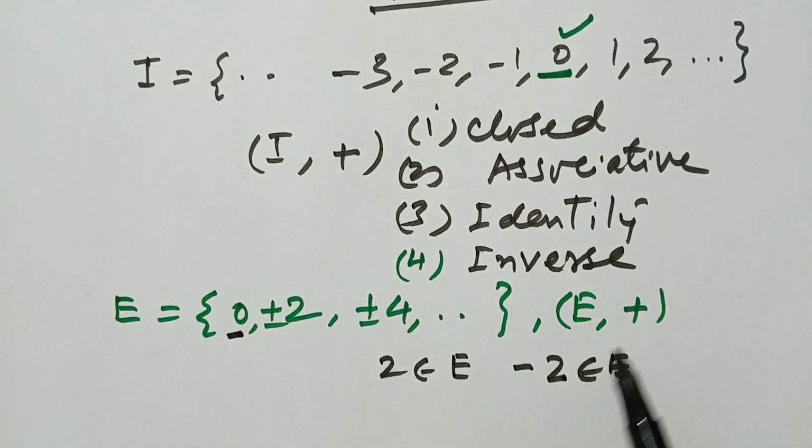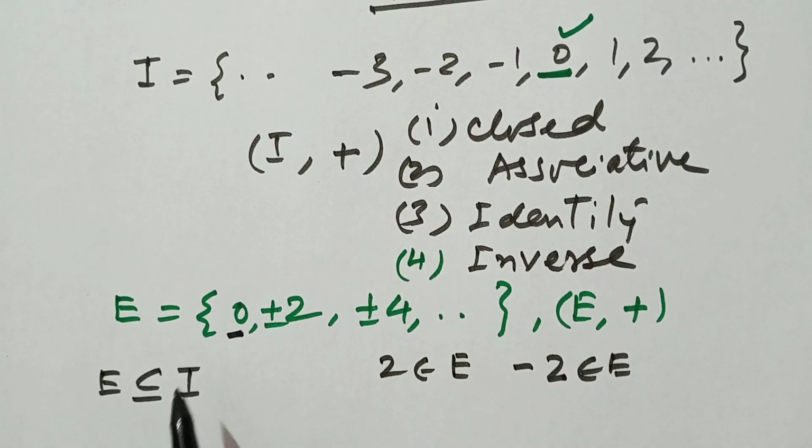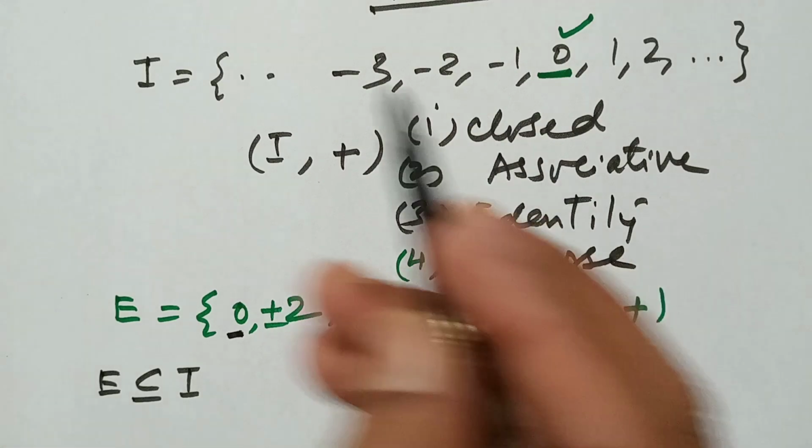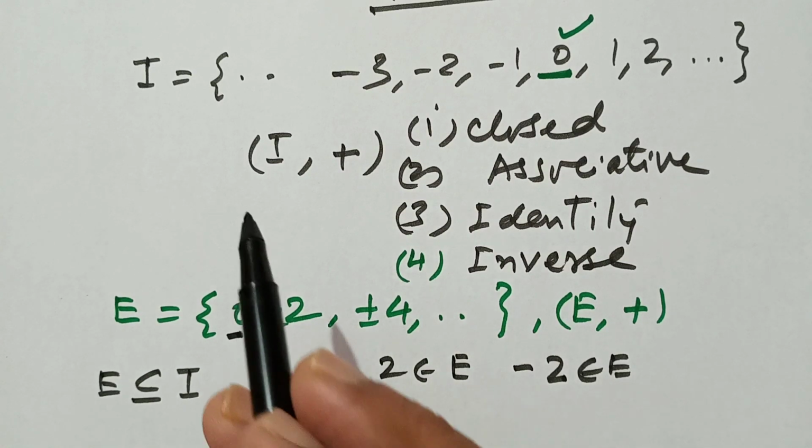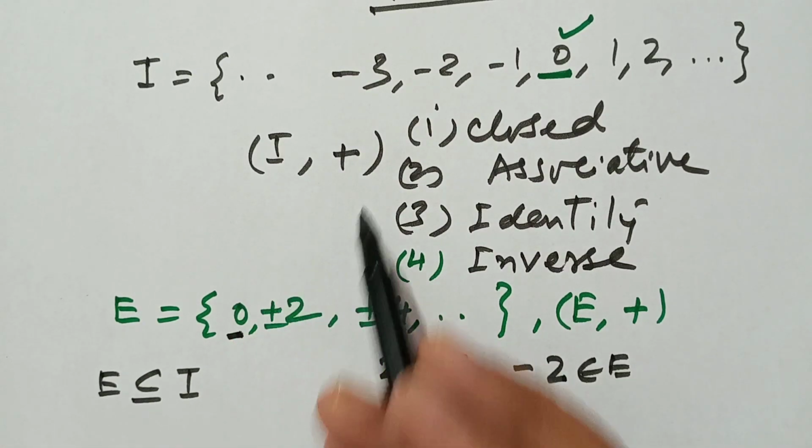Therefore the set of even integers is itself a group. Since E is a subset of I, the set of even integers with respect to addition is a subgroup of the set of integers with respect to addition.